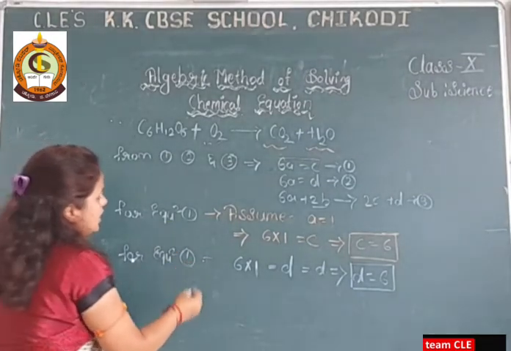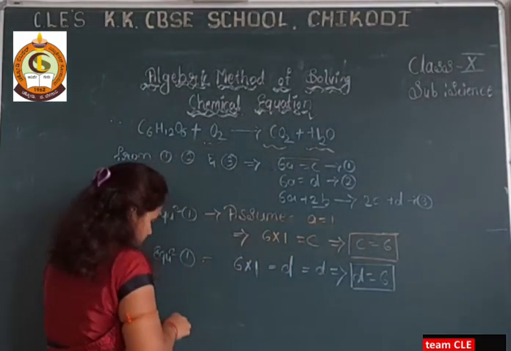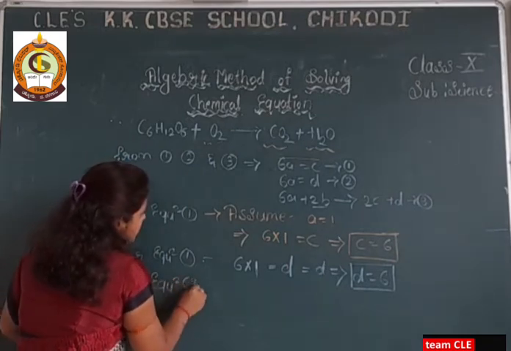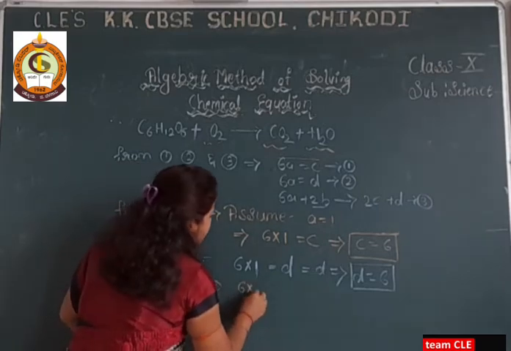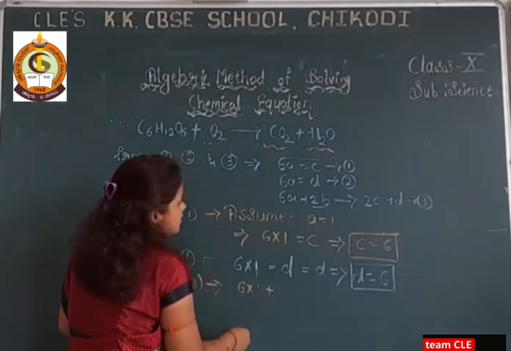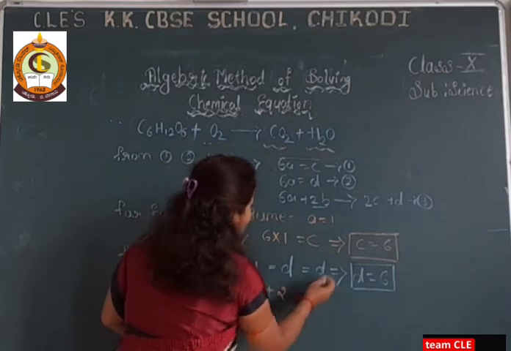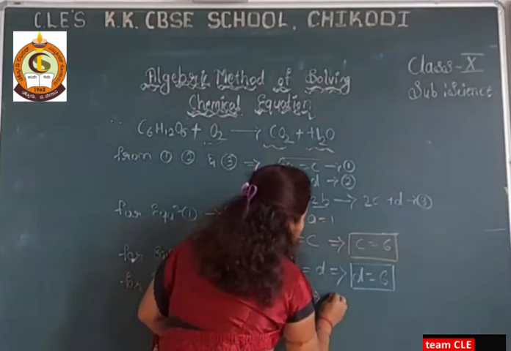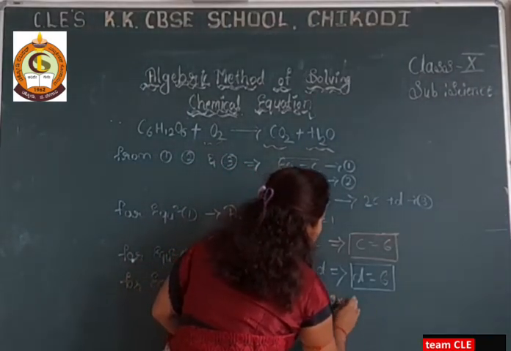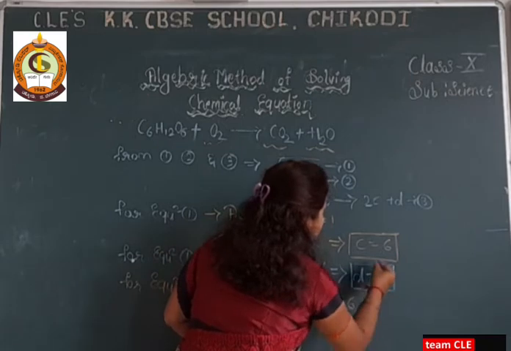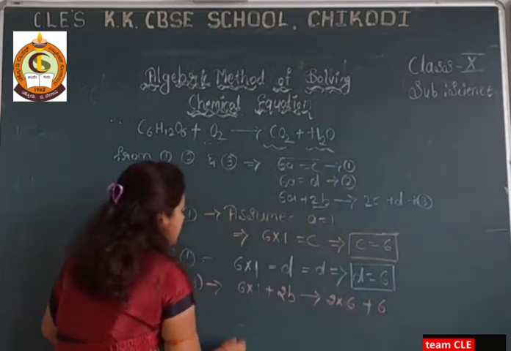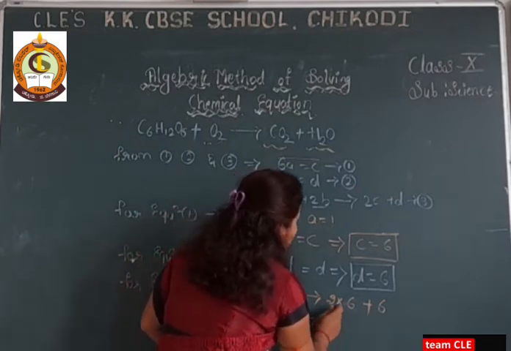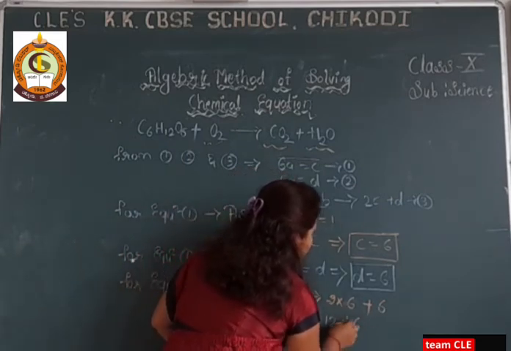So now take help of all the values. For equation 3, 6 into 1 plus 2 into B, we don't know the B value, so write as it is 2B. What is the C value? 6. Plus what is the D value? This is also 6. So here 6 plus 2B gives rise to 6 plus 6, that is 12.